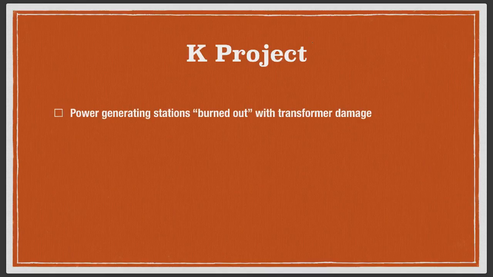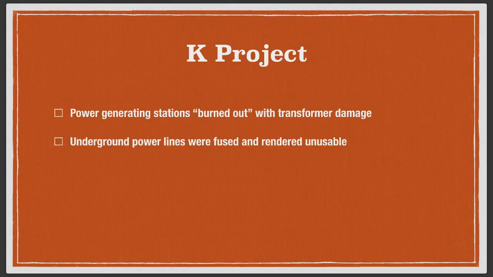Power generating stations burned out due to their transformers being compromised. One of the power generating stations even physically burned down as a result. Underground power lines were fused and rendered inoperable, and they weren't just barely buried, they were buried at a reasonable depth.